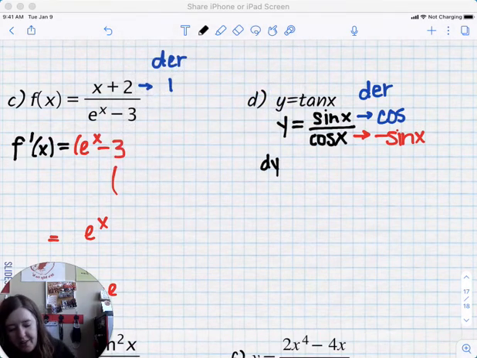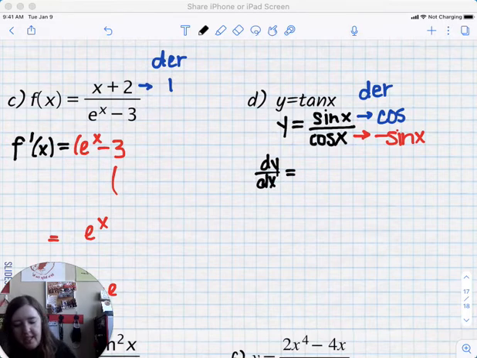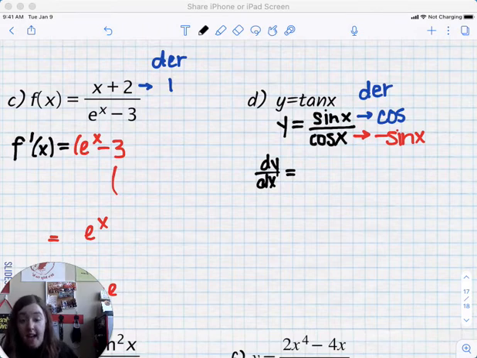So we're taking the derivative of y with respect to x, dy dx. Low d high.